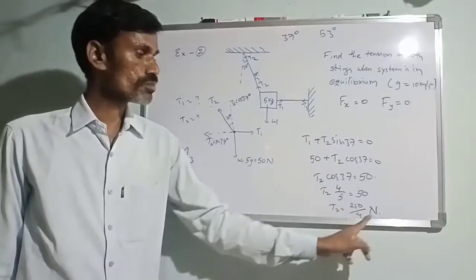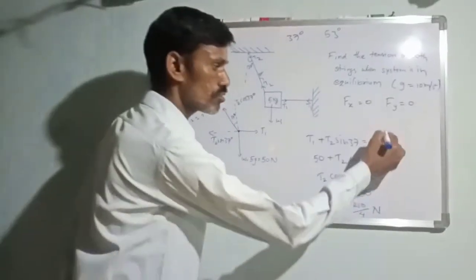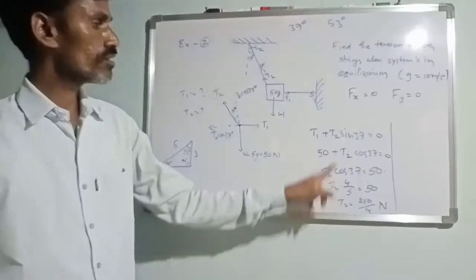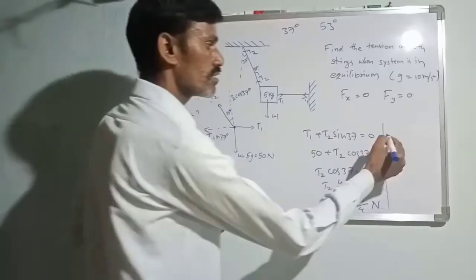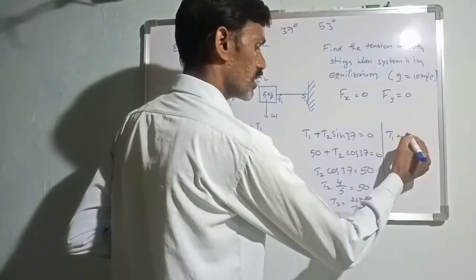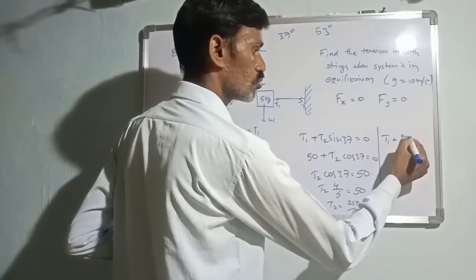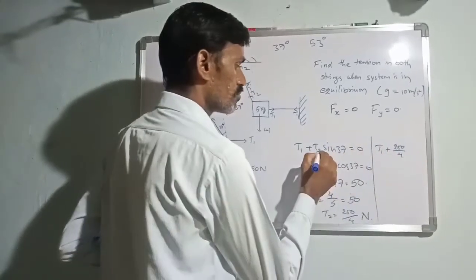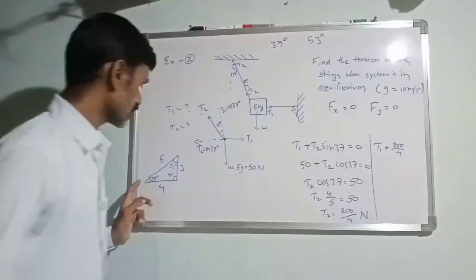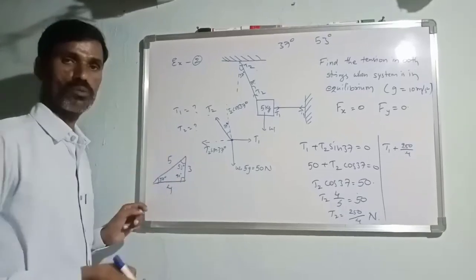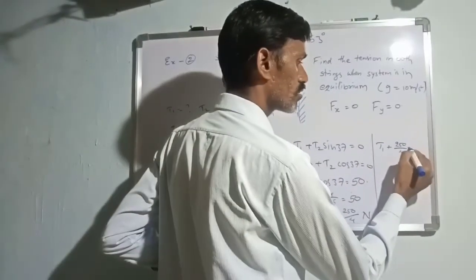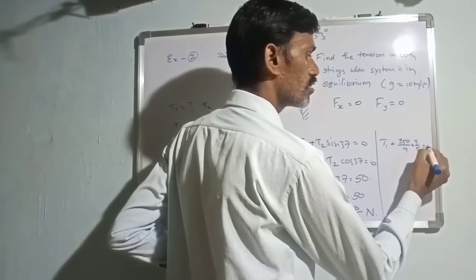That is 250 by 4 newton. So T2 is already derived. So substitute in this equation, that is T1 plus T2, 250 by 4, into sine 37. What is sine 37? Opposite side by hypotenuse, that is 3 by 5, is equal to 0.